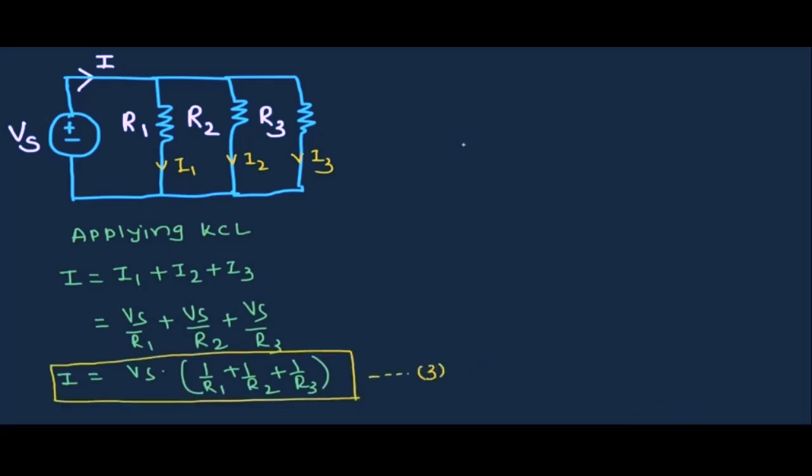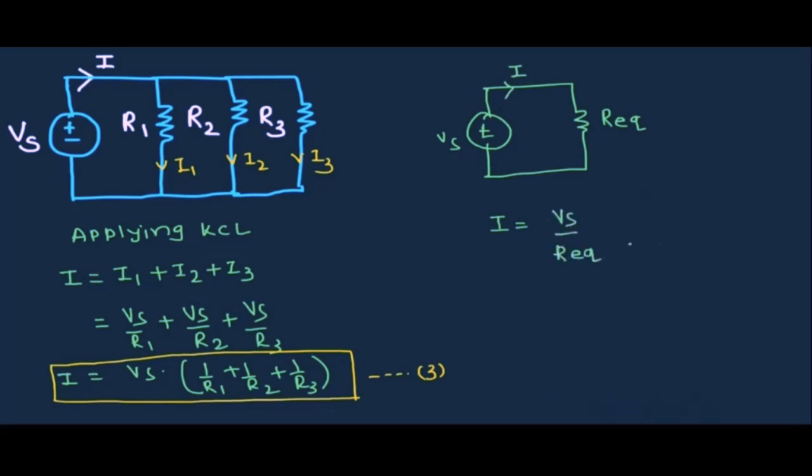Now if we replace these three resistors which are connected in parallel by their equivalent resistance, then the circuit will have one voltage source Vs which is connected with an equivalent resistance. Let's say that is R equivalent, and the current supplied by the source I will remain the same. So for this circuit we can write I is equal to Vs over R equivalent.